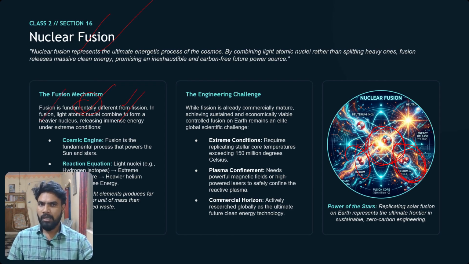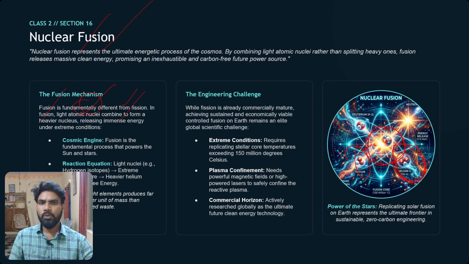In fusion, light atomic nuclei, basically hydrogen, are used. Two hydrogen atoms come together, their nuclei fuse, and one nucleus is formed, that of helium. So two hydrogen particles come together and a helium atom is formed. That is what fusion is.